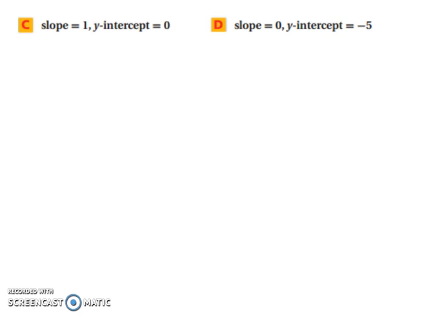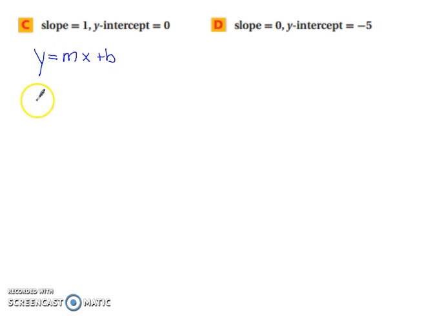Take a moment and pause the video and try C and D. Now that you've had a chance to try C and D, let's try them together. So once again, we have y equals mx plus b.